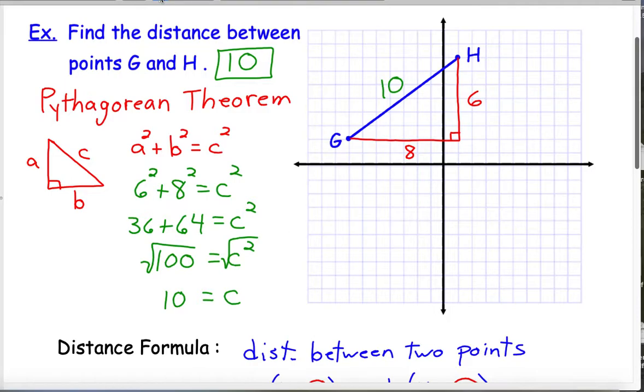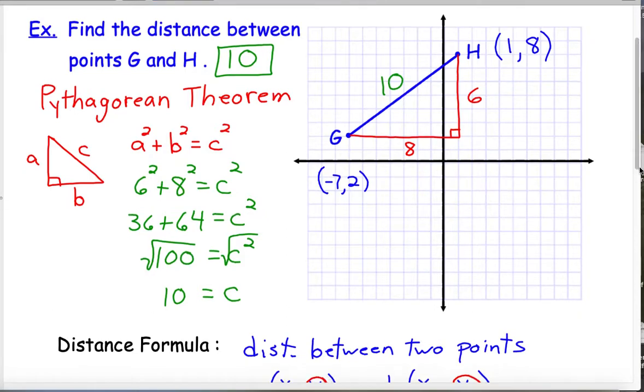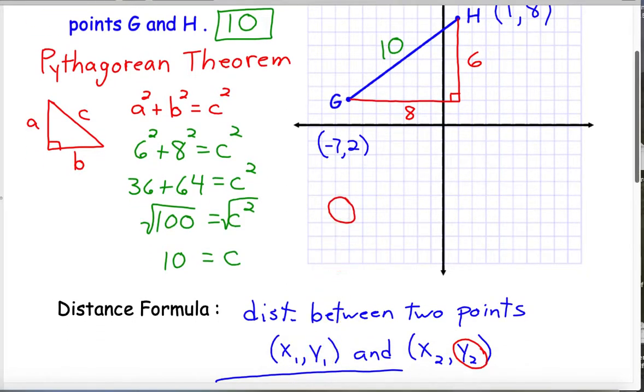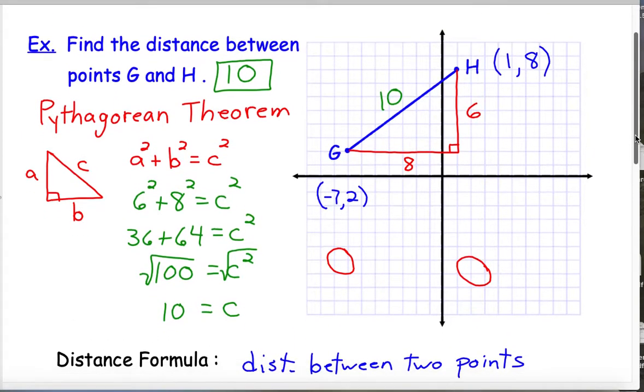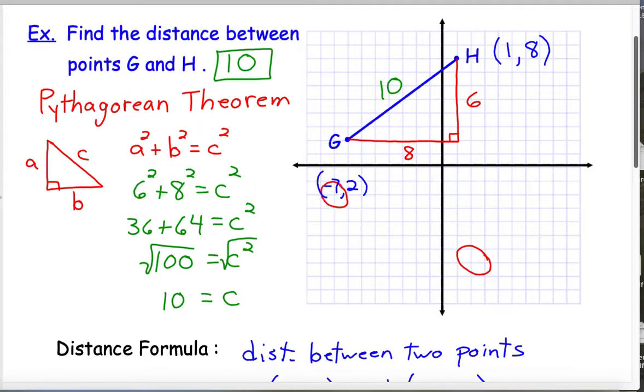So let's label these points. So first of all, G is negative 7, comma 2. And H has coordinates 1, comma 8. So now using those, let's go back and grab these circles. Those will be useful. All right, so now let's find the distance formula.